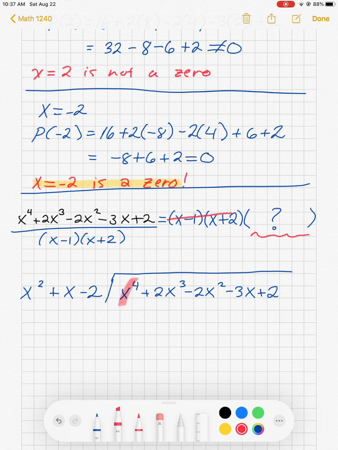Okay, how does this work? x to the 4th over x squared, got x to the 4th plus x cubed minus 2x squared.